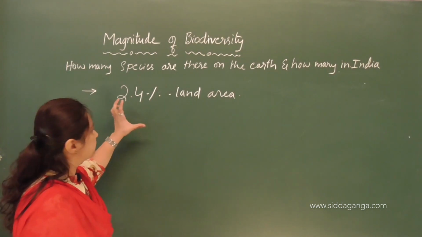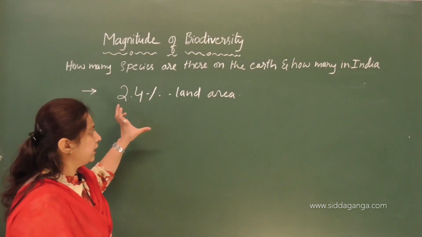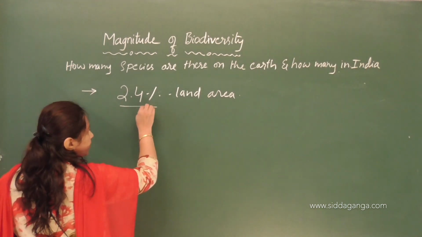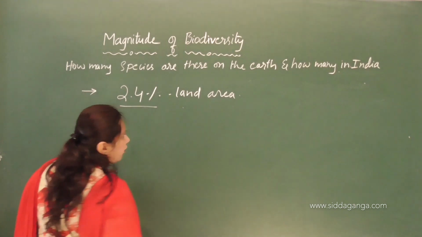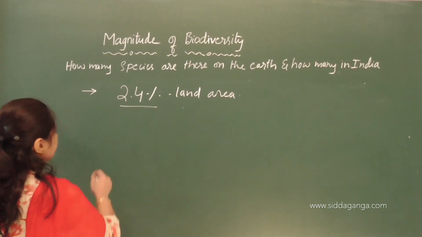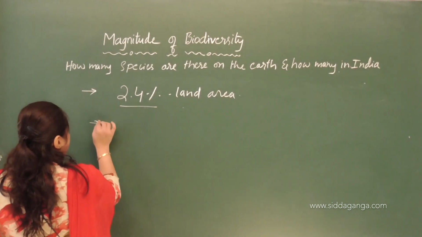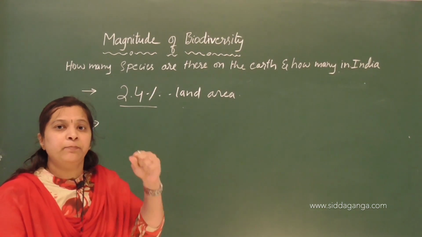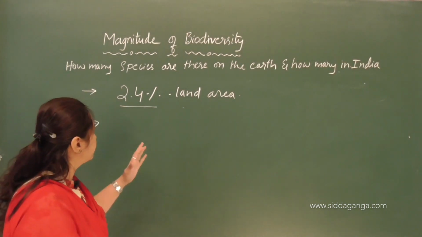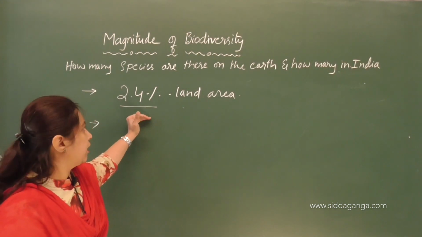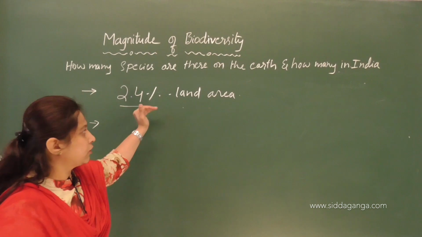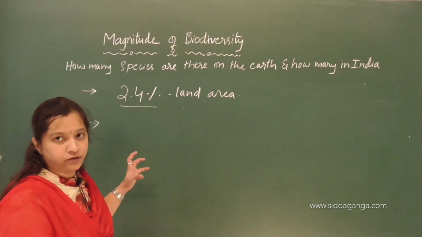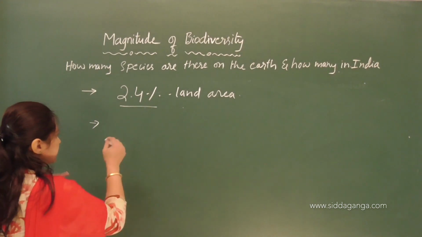The area it covers is very small. But even though it has a lesser area, the biodiversity present in India, compared to the 2.4% of the total land area of the world that it occupies, is very vast. It is huge.